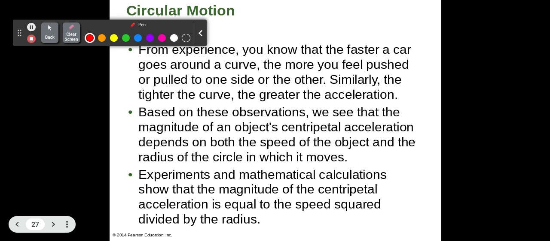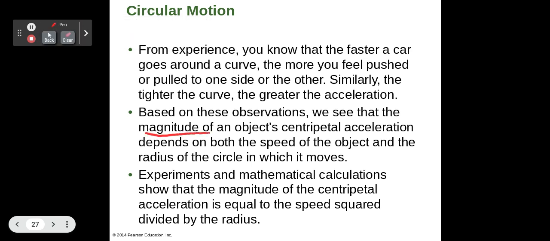The magnitude of an object's centripetal acceleration depends on both the speed of the object and the radius of the circle: how tight the circle is, as well as how fast that object is going around.